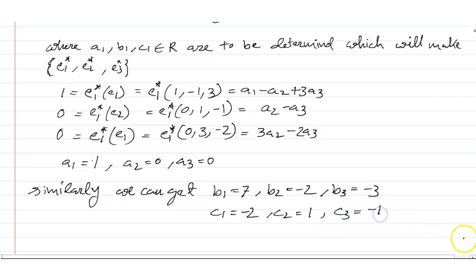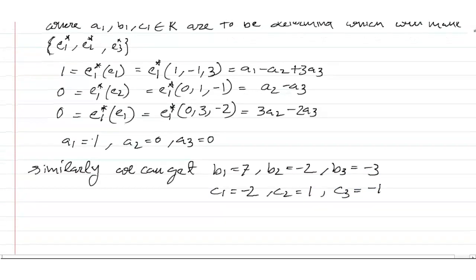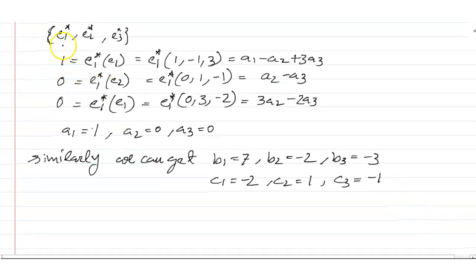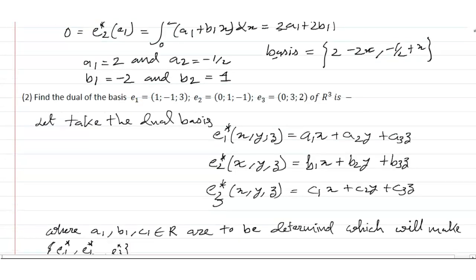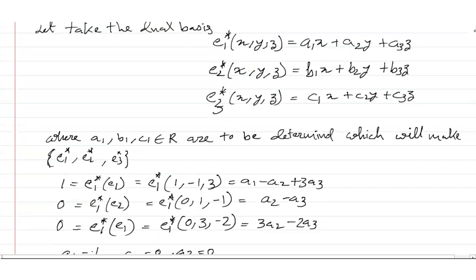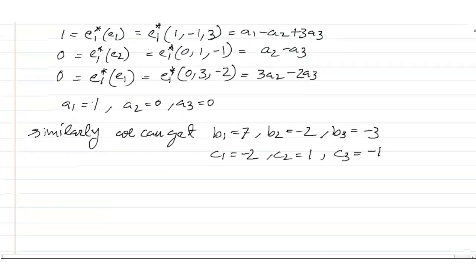So friends, you can get it easily in this way: E1 star E1, similarly E2 star E1, E2 star E2. You can find these values B1, B2, B3 easily, and similarly for E3.